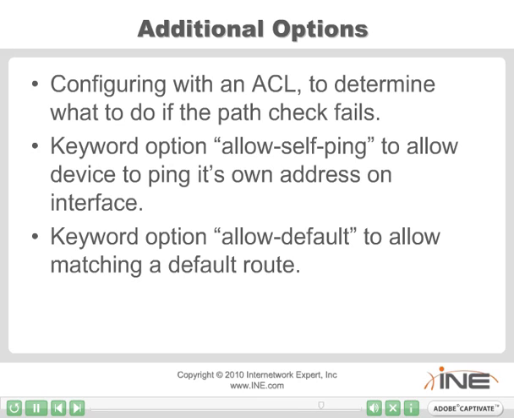We do also have an option for allow self-ping. By default with uRPF on the interface, you're not able to ping your router's own interface address on that interface. There's also a keyword of allow default. Do you want to allow matching of the default route, or without that, just expect a more specific route to match?